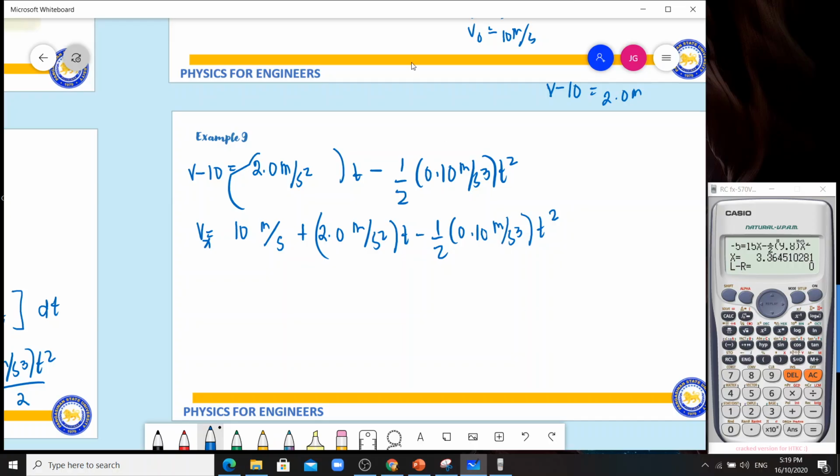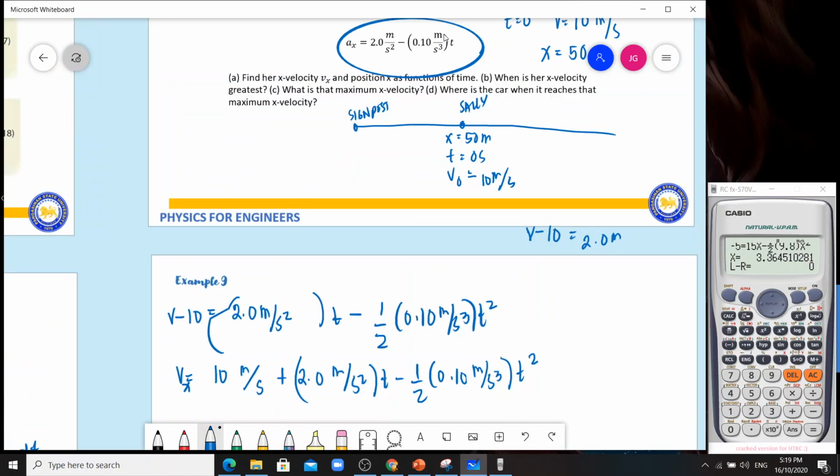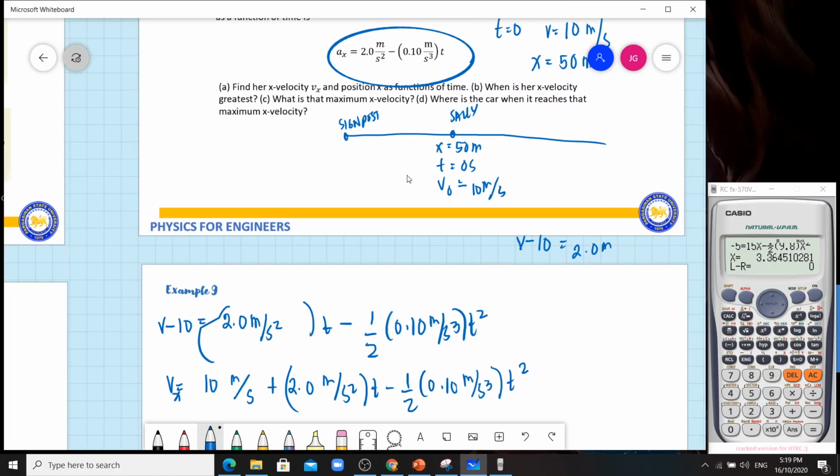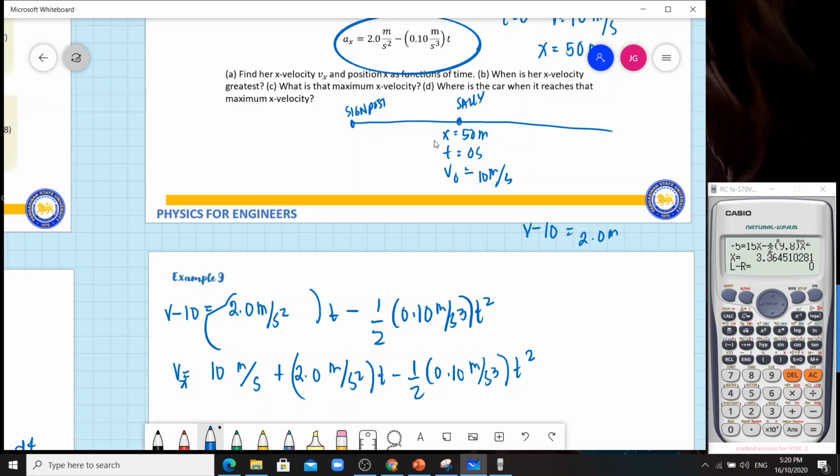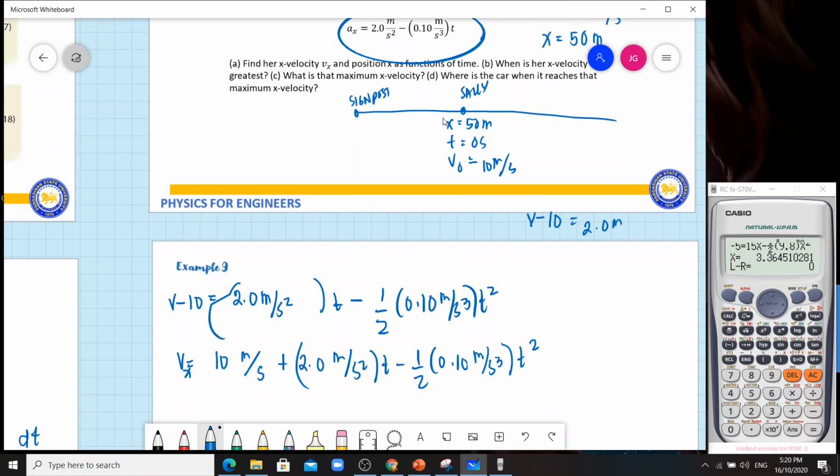Let's check the problem. What is the maximum? When is her x velocity greatest?